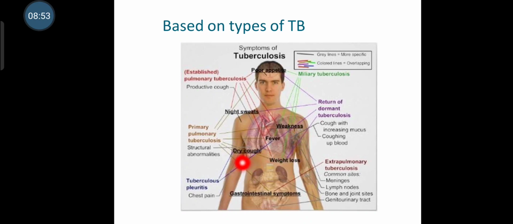Then tuberculous pleuritis, that is in the outer structure of the lungs, leads to chest pain, dry cough, and return of dormant tuberculosis, that is cough with increased mucus or coughing up blood. Then extrapulmonary, that is the sites other than the respiratory tract. Common sites are meninges, lymph nodes, bones and joints, and genitourinary tract. These are mostly affected by Mycobacterium tuberculosis. Then there is miliary tuberculosis, which is a severe form of tuberculosis causing several severe signs and symptoms.